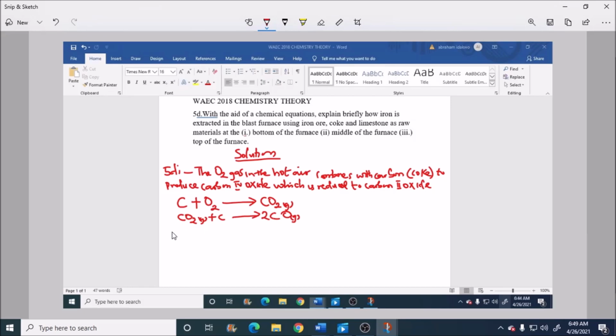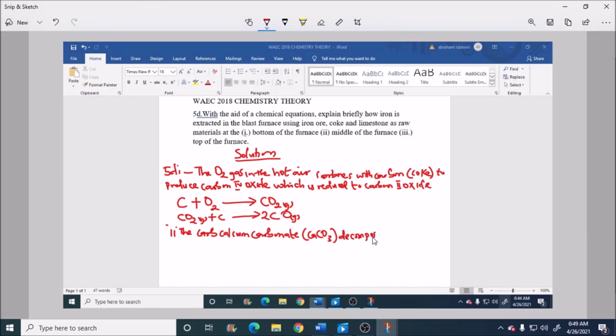That is what happened in the bottom of the furnace. Then Roman figure 2, that is at the middle of the furnace, what happens? We have the calcium carbonate, that is CaCO3.